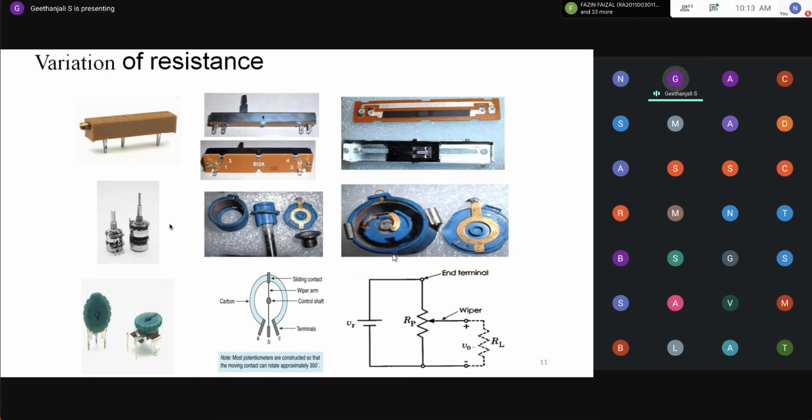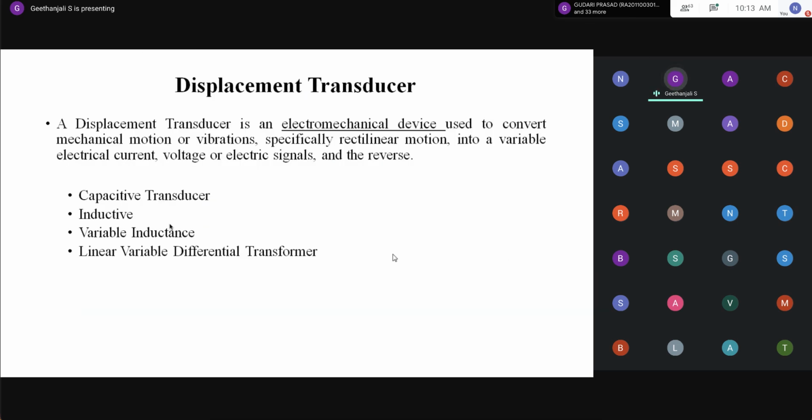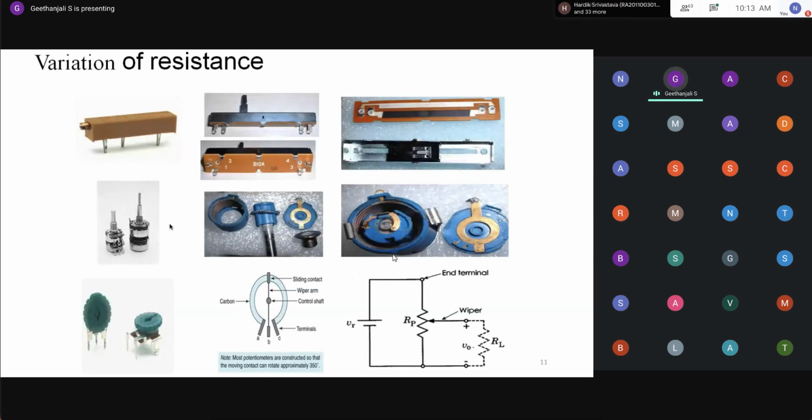So here, in this type of displacement transducer, there will be a variation in the resistance. They are obtaining the energy conversion from one form to another by varying the resistance.